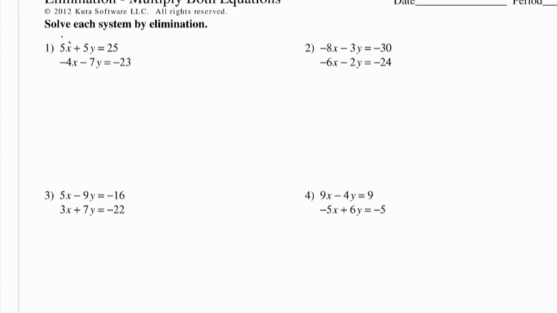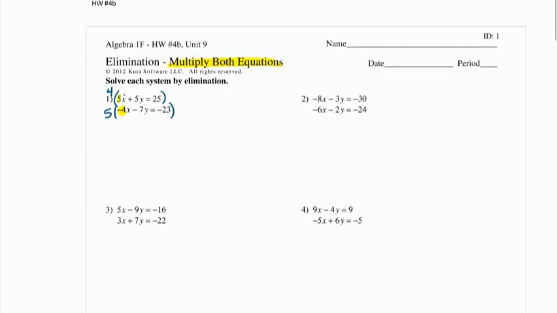I'm going to take the top equation times 4 and the bottom equation times 5. Then I look at my signs. This is positive, this is negative, so the signs are already the way I want them. I have one positive, one negative, so I can just multiply by the 4 and the 5. So that one is multiplying both equations by something, like those last few that we did.